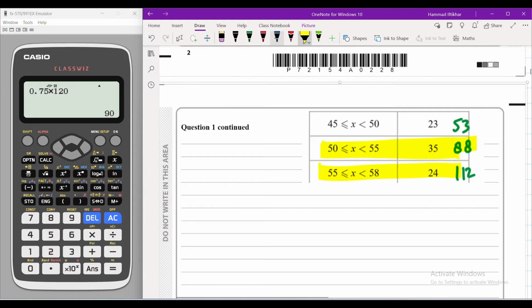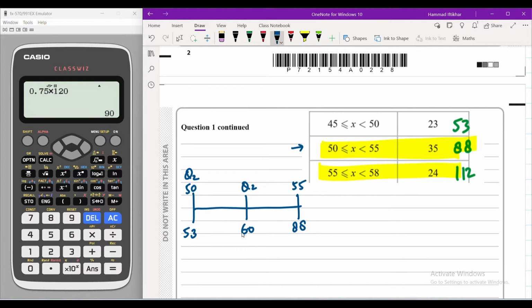So for Q2, when we make a line for this, we are starting with 50, ending at 55. Somewhere over here is Q2. The frequencies are 53 and 88, and 60 is the median.